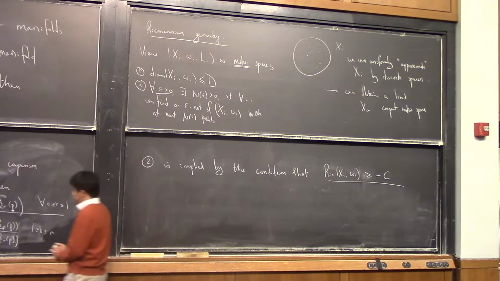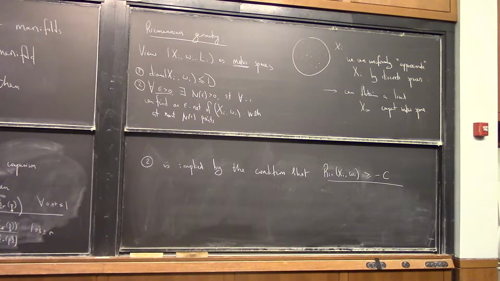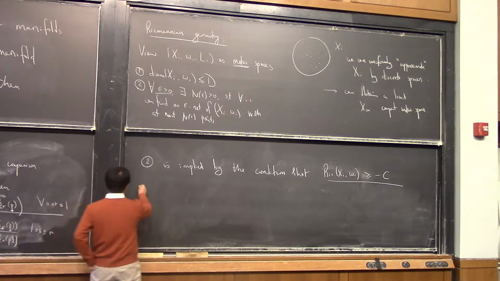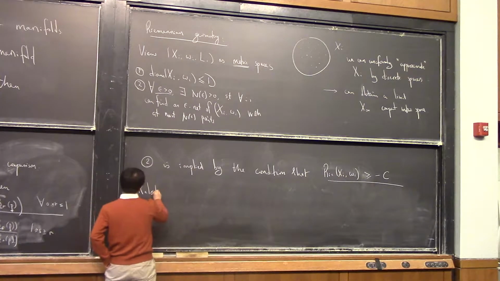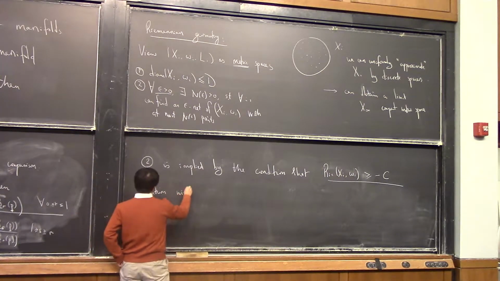So this Ricci curvature from this definition is quite a Riemannian geometric object. And interestingly, it's very closely related to complex geometry.